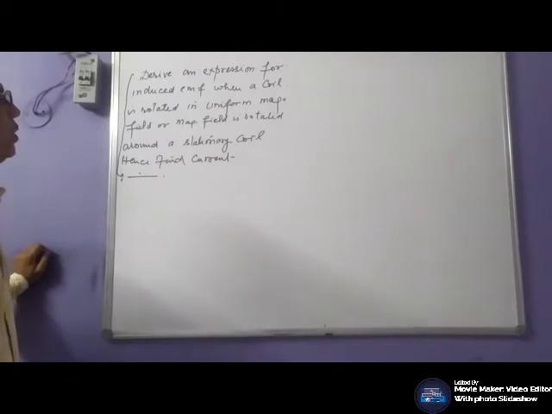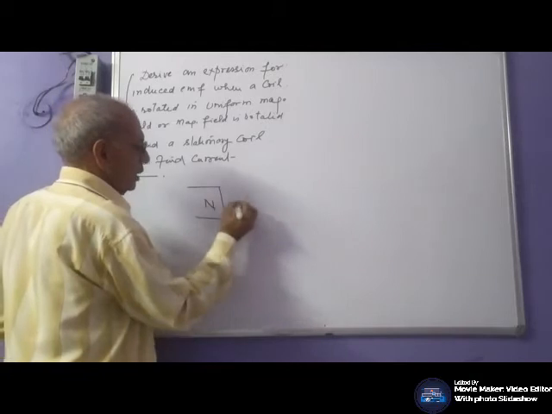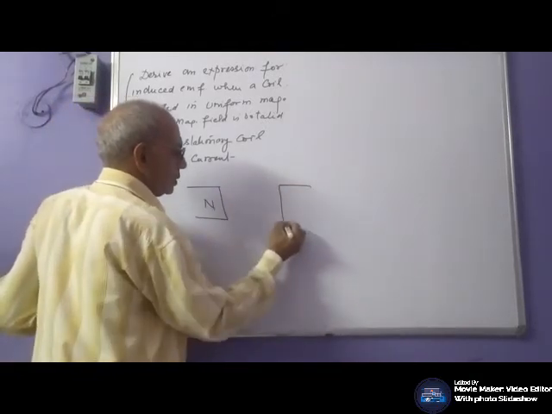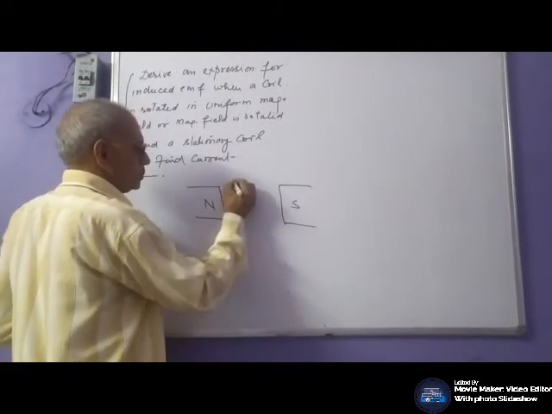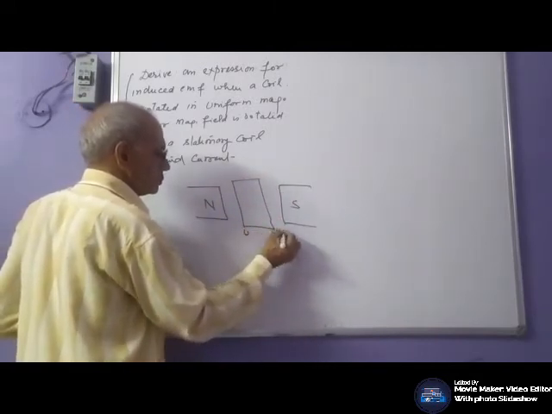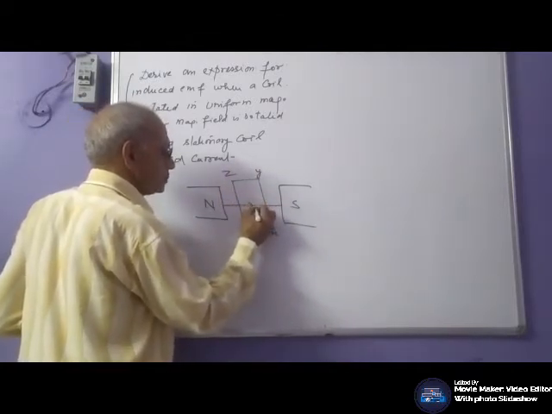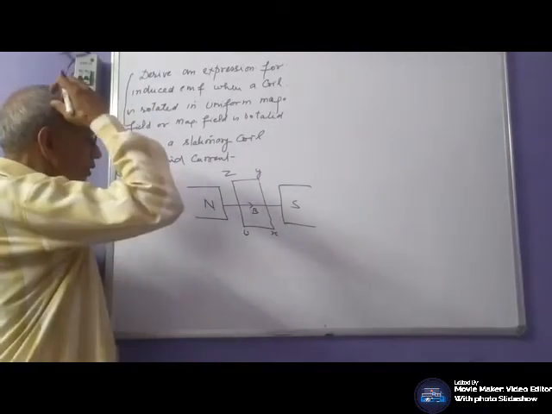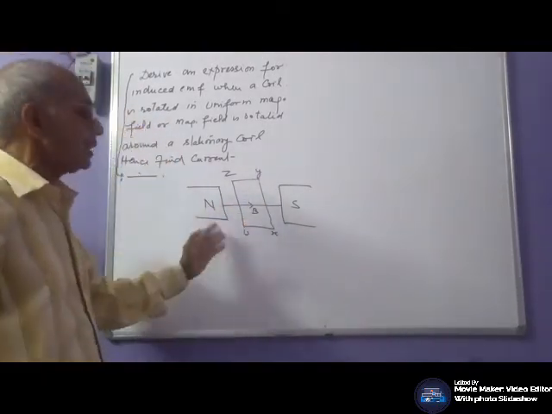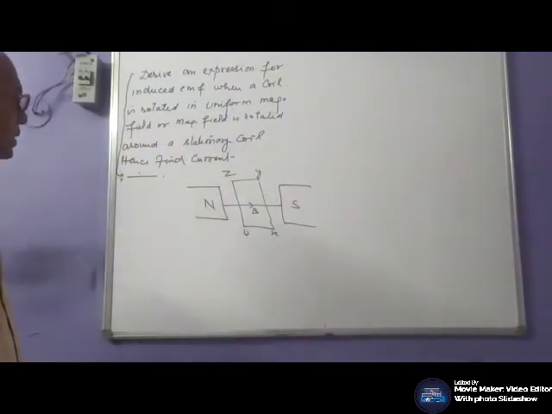Derive expression for induced EMF when a coil is rotated in uniform magnetic field. This is a magnet, another magnet. This is coil. This is B. Either coil is rotated or coil is stationary and magnetic field is rotated. Both cases.